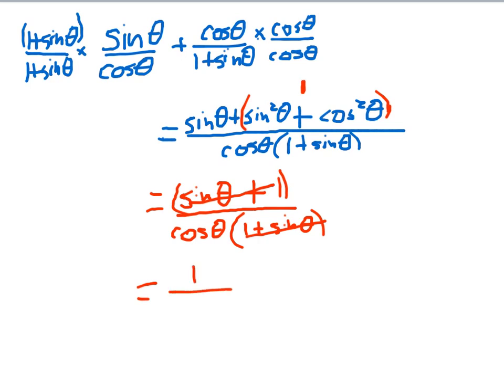Numerator's left with 1 over the cosine of theta, which is defined as the secant of theta. Now it just happens that the two we looked at ended the same at secant theta, so don't start thinking that they're all going to end that way. Hopefully you have success with simplifying expressions, and if not, make sure you're asking your questions.